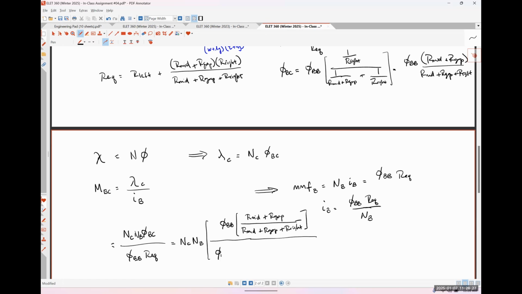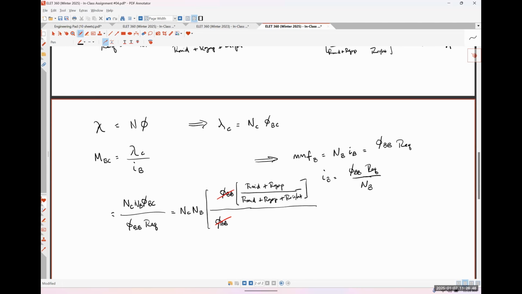Phi BB by itself, these guys wind up canceling each other out, which is great because we don't know what the MMF is, and this is what gets us away from having to need to actually know that, divided by REQ, okay?